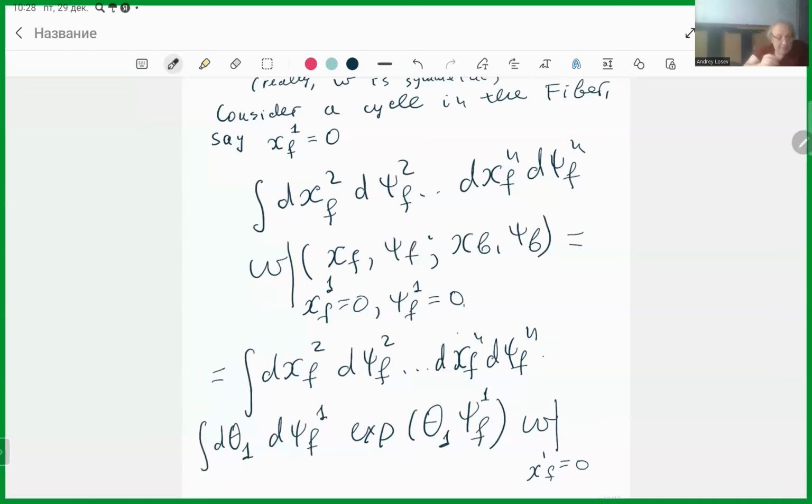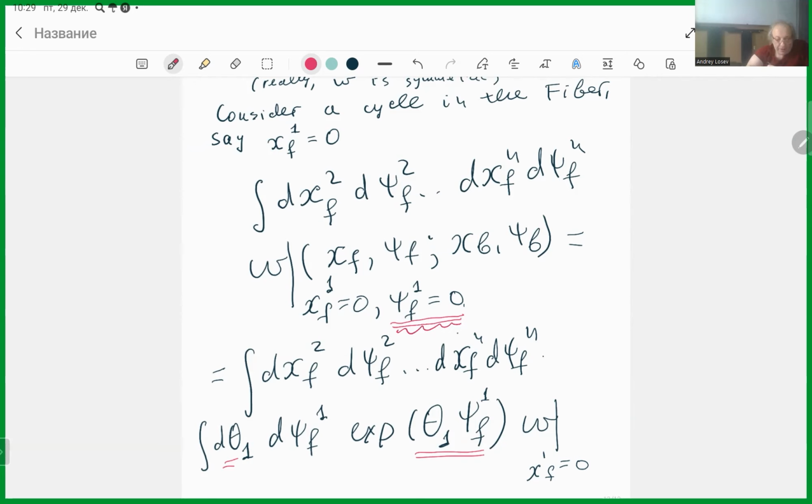You may ask, where does the condition psi fiber 1 equals to 0 go? This condition comes here. Taking the integral over theta 1 brings psi fiber 1 down, and I cannot have any psi 1 fiber from omega.